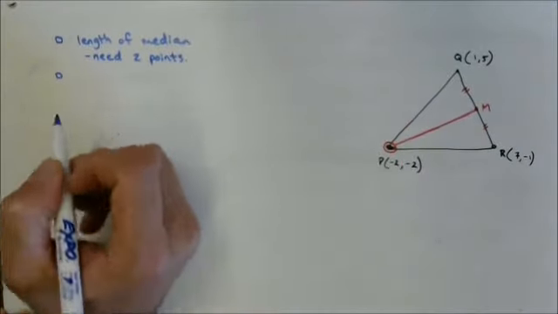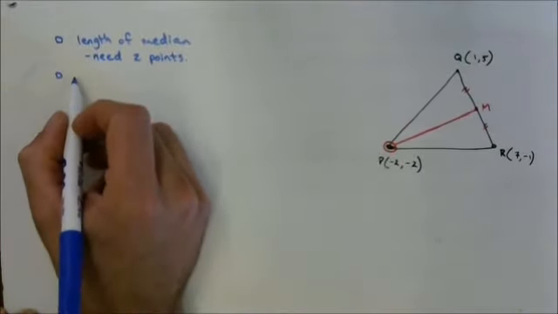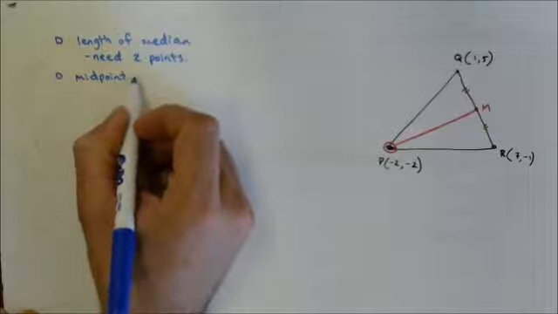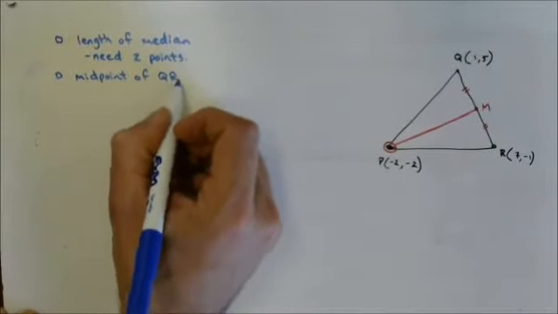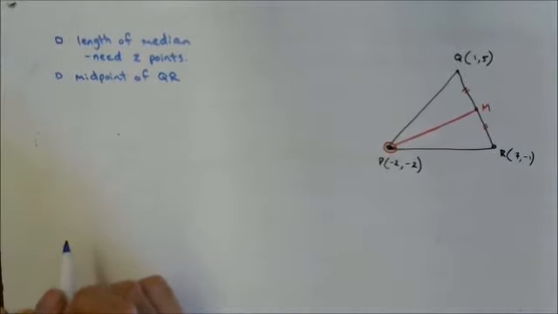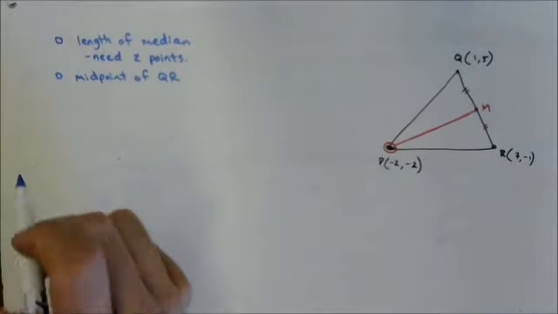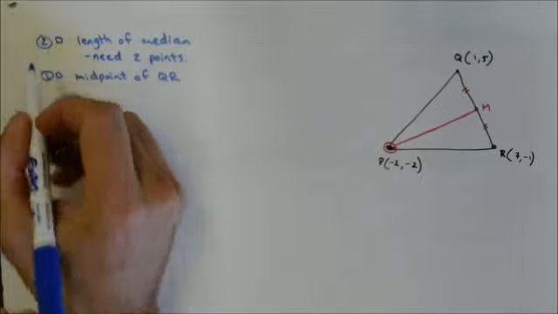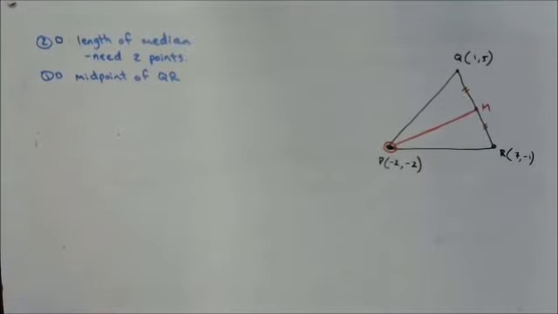Well, what's our second point going to be? By the definition of a median, it's going to be the midpoint of QR. And we know Q and R, and we know our midpoint formula. So we're going to do this first. Then we're going to be able to apply our length of the median.